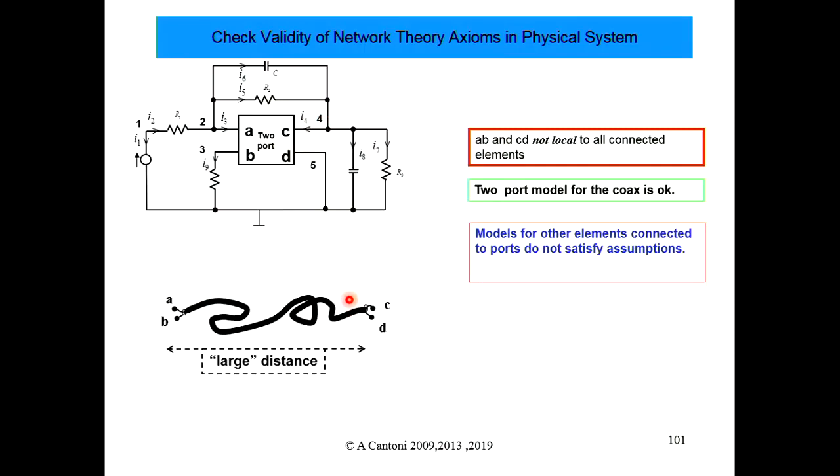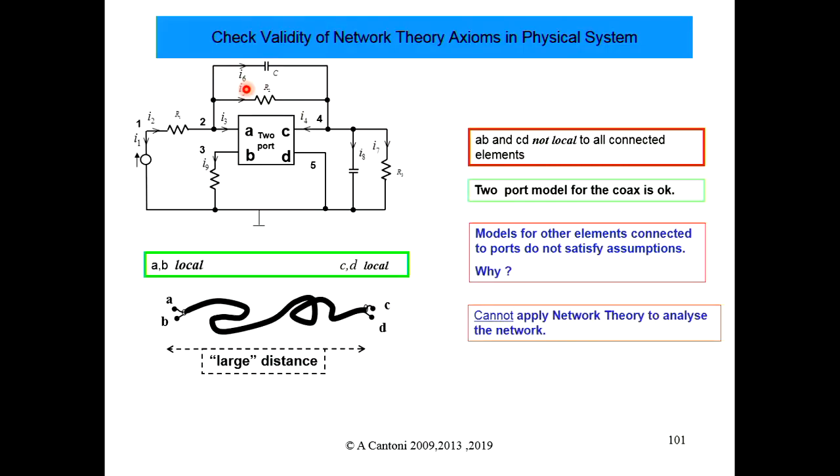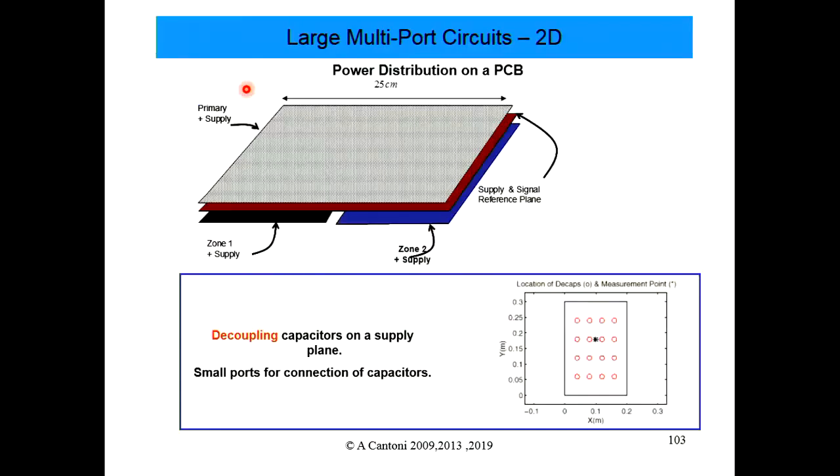That means something in here isn't going to have small wires; it's going to have long wires connecting it. So the model for this resistor won't be correct, so we can't apply network theory. So cables, multi-port networks, we'll leave that.